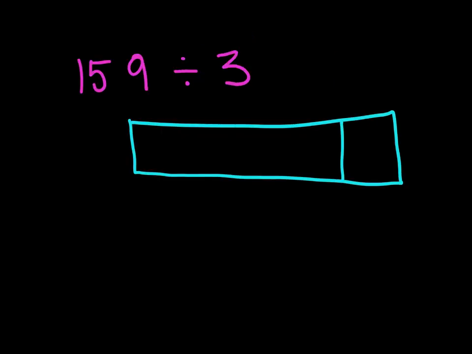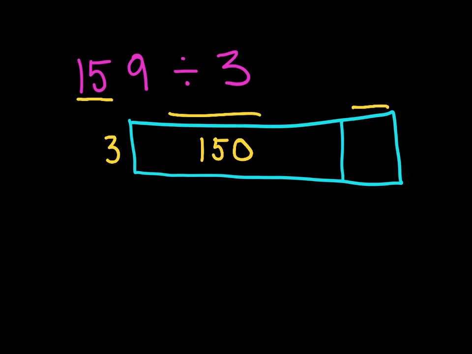Next one, 159 divided by 3. Well, we know that we're going to be dividing by 3. We just don't know what the numbers are on the top. So we want to make sure that we get as close as we can to this number. And we know that 3 can go into 15, but that's not a 15, that's 150. But we do know that 3 can go into 15 5 times, but it's 150, so it's going to be different. So we're going to put 150 here, because that's what that represents. 15 tens, because that 5's in the tens place.